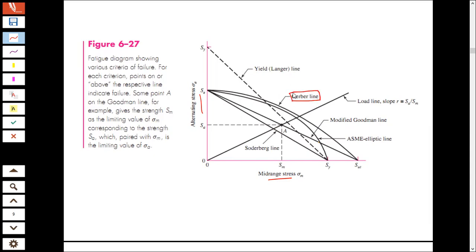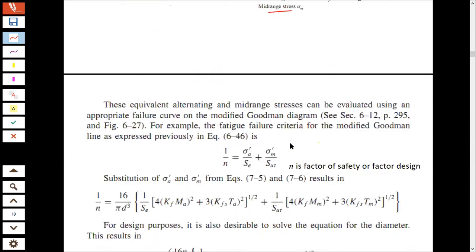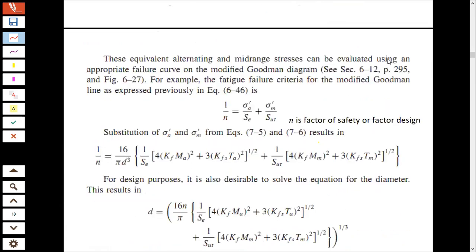For example, there is the Gerber criterion, the ASME elliptic criterion, and the modified Goodman theory. Well, we use the modified Goodman line and the Soderberg line. So this is the yield line. You should also consider this, because some of these are outside this line, so they are not considering yielding over here. Anyways, what we mean here is that these equivalent alternating and mid-range stresses can be evaluated using the appropriate failure theory.